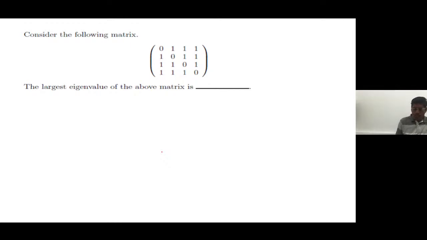So eigenvalues can be found by the characteristic equation method or sometimes by a shortcut method, not for every problem. Solution. The characteristic equation of the given matrix is determinant of A minus lambda I is equal to 0.